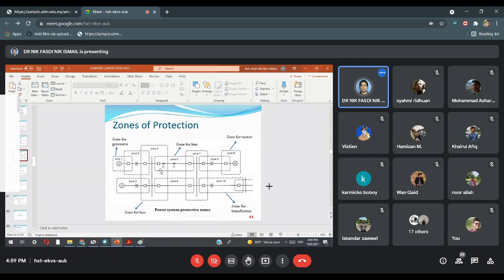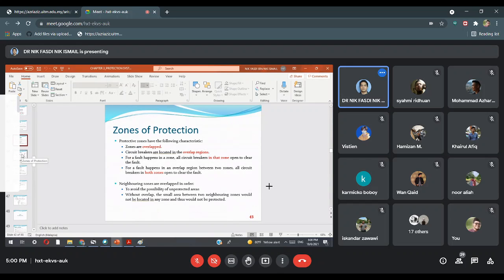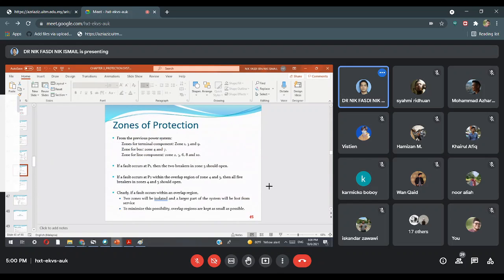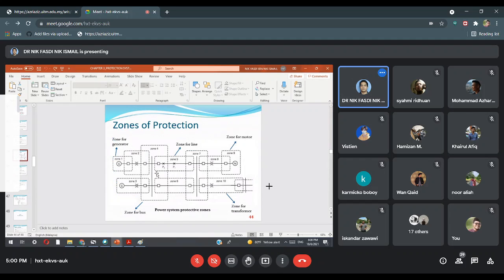So contoh kalau ini overlap region between zone 4 and zone 5, occur kat sini. Okay, 4 and 5 dia akan open semua.